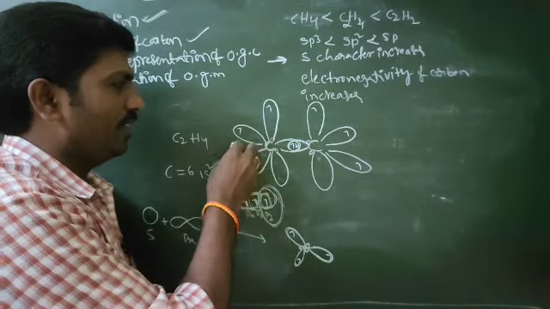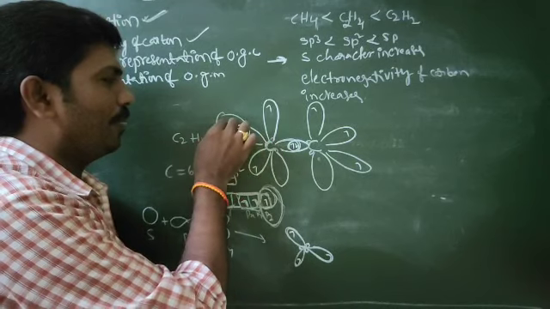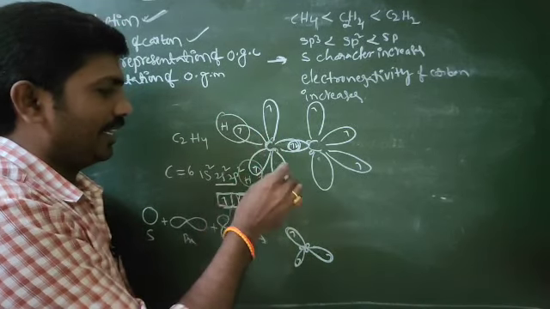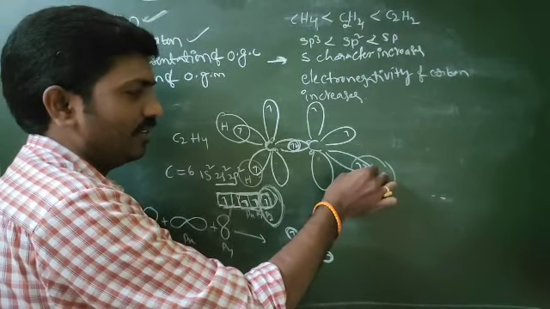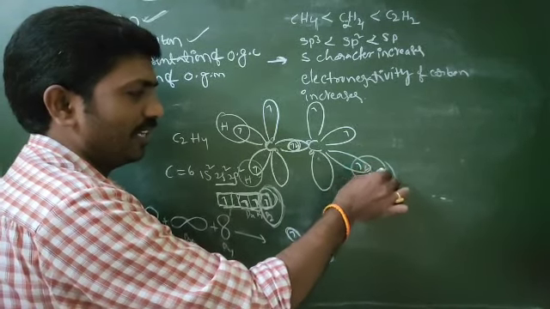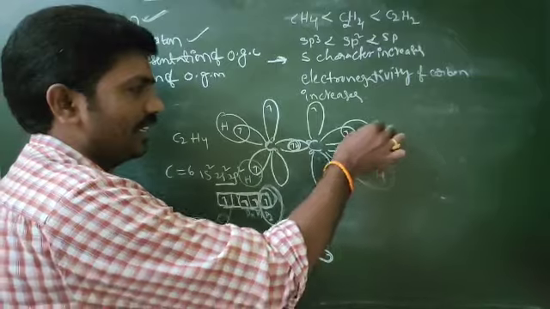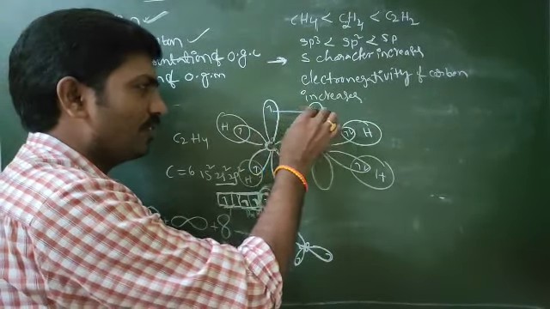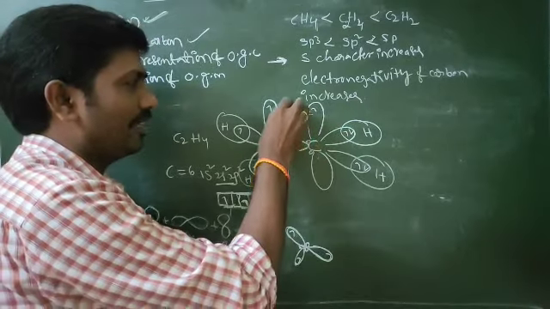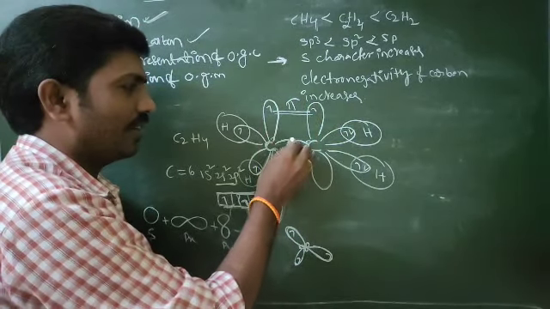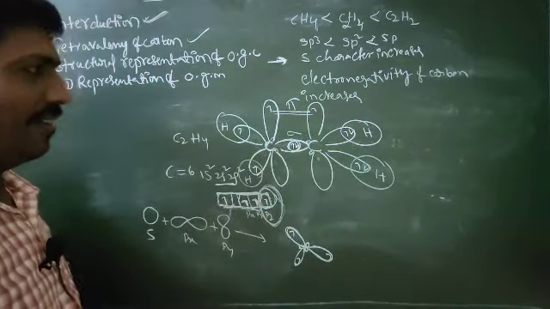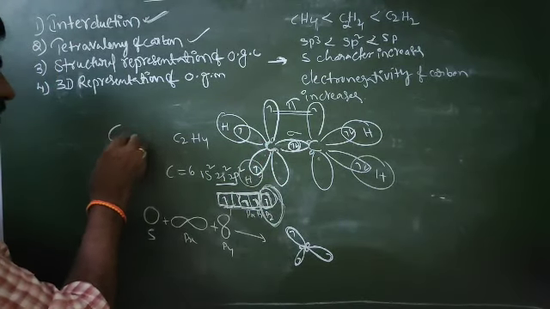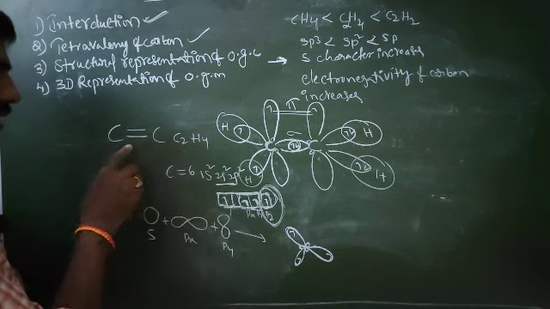Now see how many bonds. This will form a bond with hydrogen, this is also a bond with hydrogen, and this is also with hydrogen, each hydrogen having 1 electron in its valency. That electron, this one also with 1 hydrogen. Now these two will form the pi bond. This one is the sigma bond. Now, do you understand how many bonds carbon has? Two carbons have a carbon-carbon double bond.